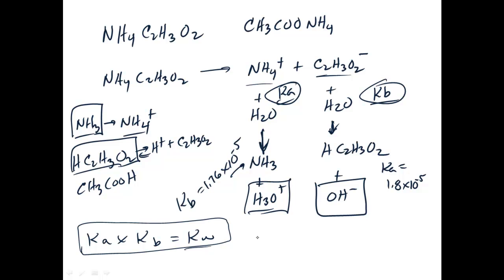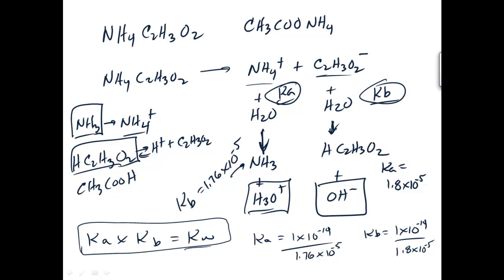So for the Ka for the ammonium ion, we would take 1 times 10 to the negative 14th, and we would divide that by the 1.76 times 10 to the negative 5th. And for the Kb for the acetate ion, we would take 1 times 10 to the negative 14th, that's the Kw, and divide that by the Ka of the acid, 1.8 times 10 to the negative 5th.